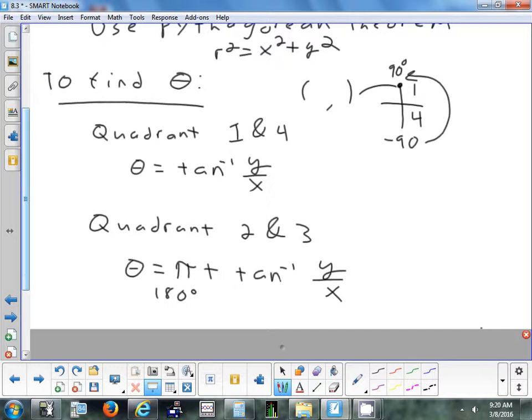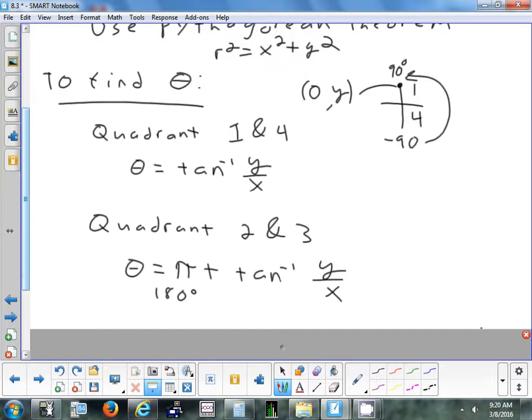The x value is 0. I don't know the y value. It could be 0.3, 0.7, 0.10, something. What would happen if you tried to plug in an x value of 0 into inverse tangent? It'd be undefined, right? You're dividing by 0.